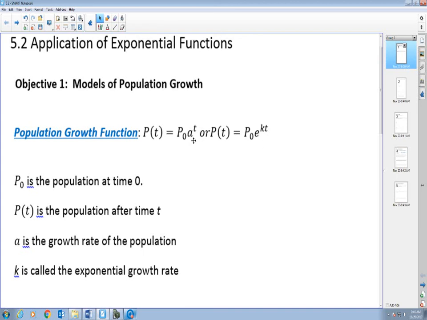Normally the base a we use is a number that is greater than 1 and not equal to 0. This model is what we're going to focus on a little bit more right now. We will introduce the base e in a different lecture video.